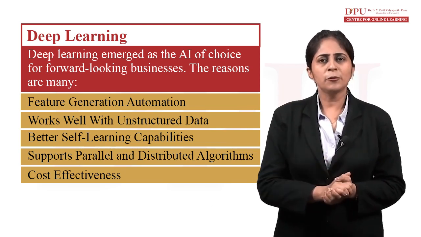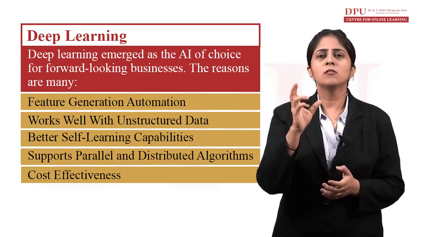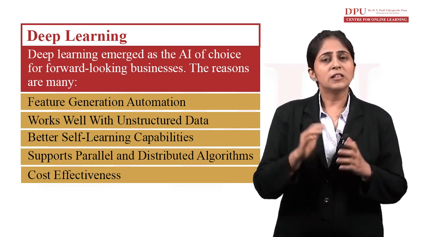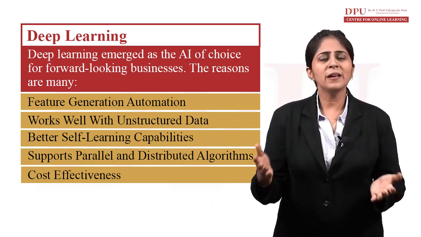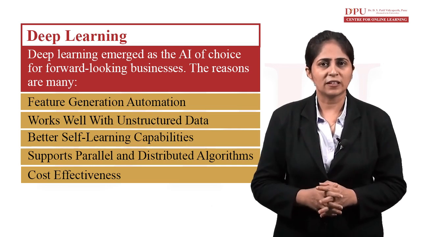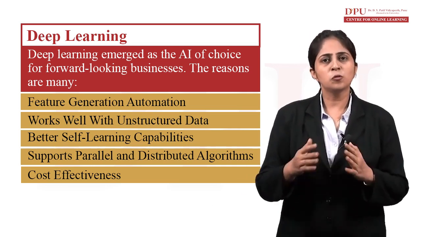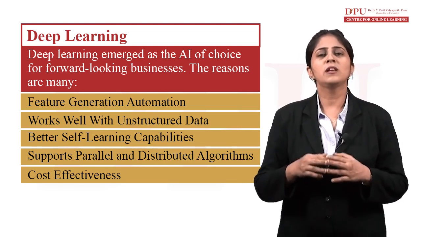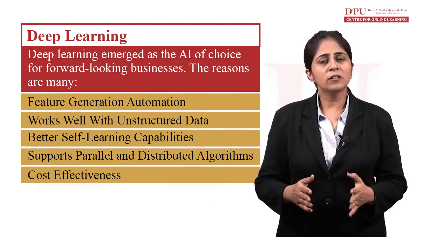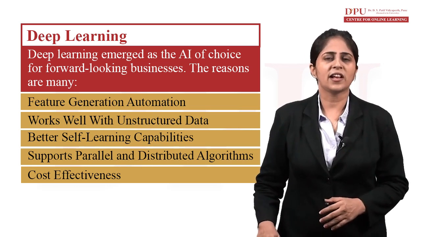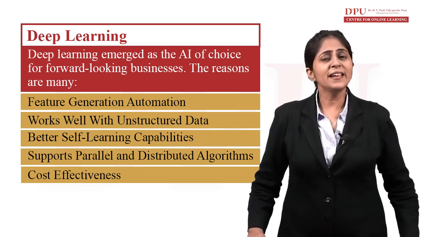While doing these computations, the error is very small, so they perform their work in a cost-effective manner. So this is another reason why we are using deep learning algorithms in artificial intelligence.